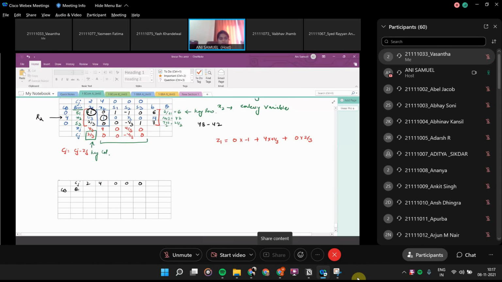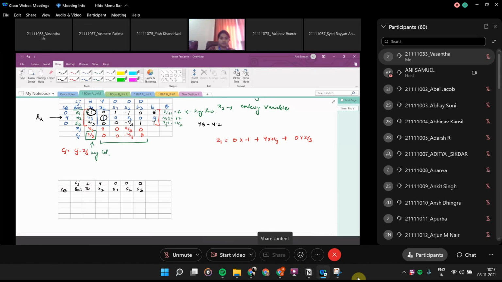Now what is my entering and what is my leaving variable? Using your key column and key row, leaving is S1, right? And entering is X1. So your S1, X1, X2 and X3. Now the coefficients from the objective function are 2, 4 and 0, right?